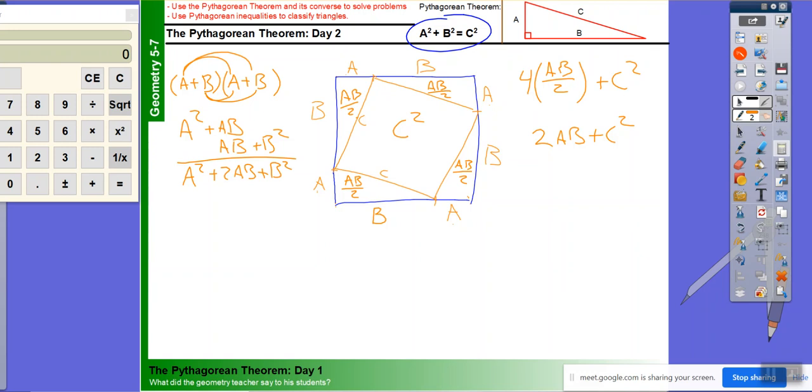So we have 2 different ways of finding the area of this blue square. What does that mean about A squared plus 2AB plus B squared? It means they're equal. So let's write them equal: A squared plus 2AB plus B squared is equal to 2AB plus C squared.